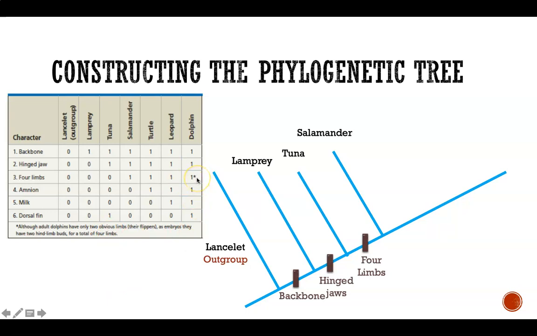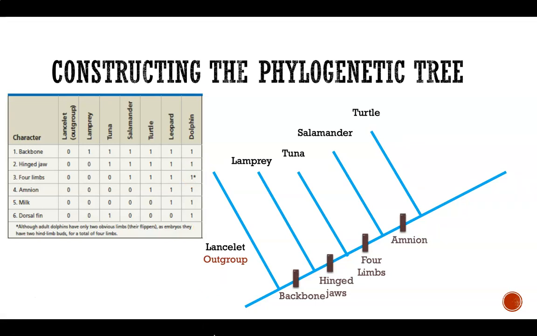Now, this star is telling us that dolphins may not obviously have four limbs, but if you look at their embryonic structures, they have four limbs that sort of become their flippers and their tail. So even though the adult doesn't have four limbs, at some stage in the development of this organism, the four limbs are present, and that's where we see those limbs in that organism, which is why we can say that the dolphin has four limbs, even though it may not be readily apparent.